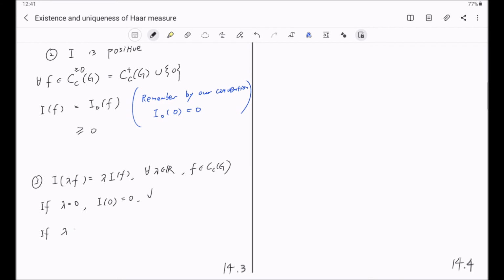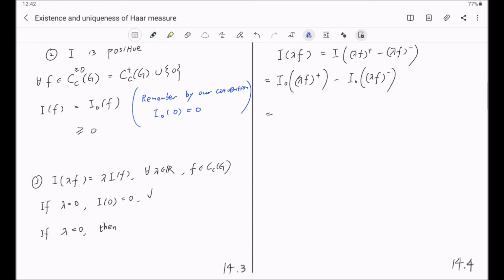If lambda is less than 0, then let's look at what we can get from I of lambda f. This will be equal to I of the positive part of lambda f minus the negative part of lambda f. And by definition, this is equal to I0 of the positive part minus I0 of the negative part.